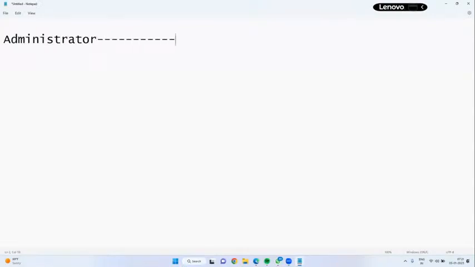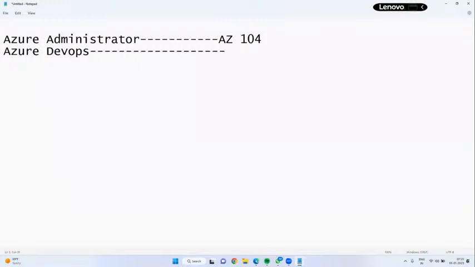The main ones I can suggest: the administrator certification paper is AZ-104. Next, Azure DevOps, whose certification paper is AZ-400.